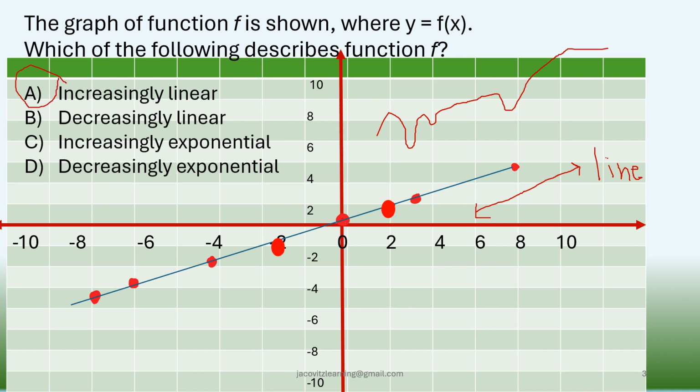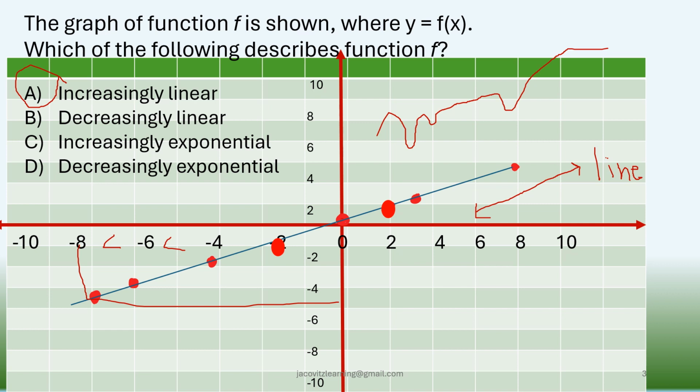Is it increasingly linear? And when you get ready to ask yourself this question, when you look here, it's at -8 and like -5. I'm going to draw a line here real quick. Okay, it's at -6, and remember, -6 is less than -4. These are less thans. Okay, so -4 is going up. I mean, -6 is going up.